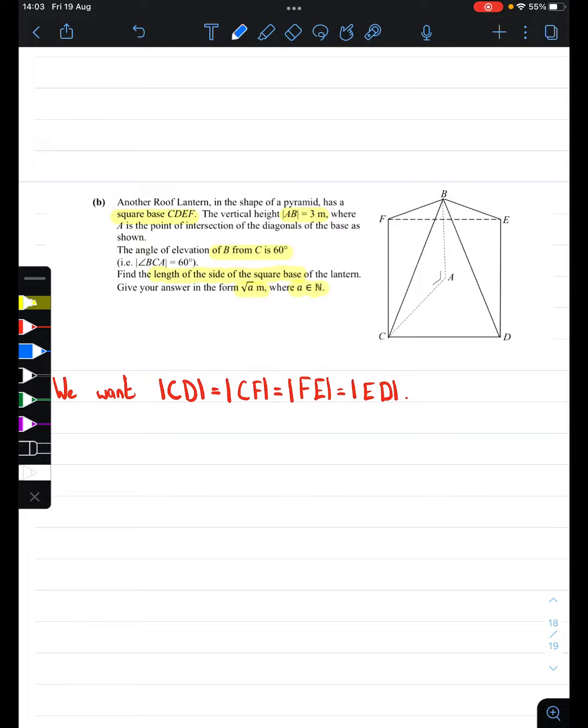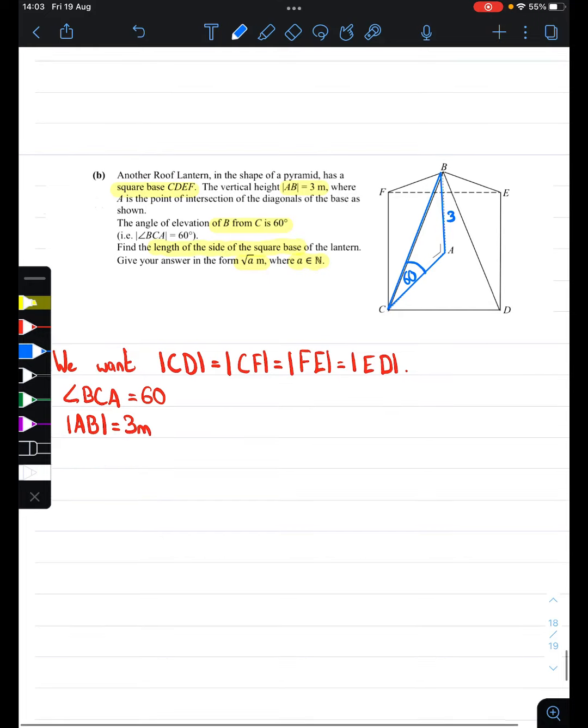So we know that the angle BCA is 60 degrees, and the length of AB is 3 meters. So we have this angle, this is 60, and we have this length, which is 3.